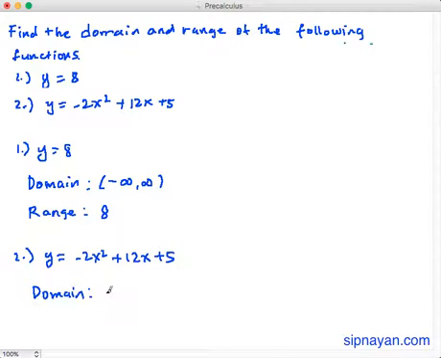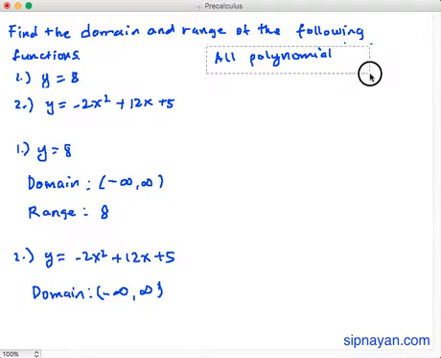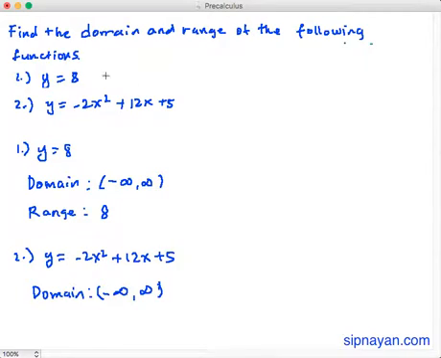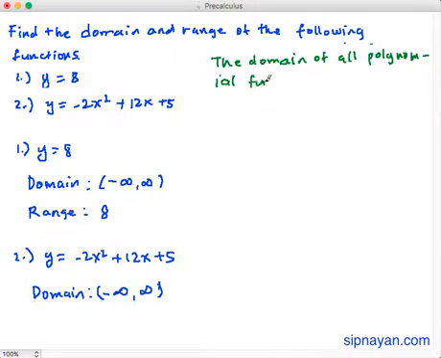Kung napapansin nyo sa mga previous videos natin, lahat ng polynomial functions, the domain of all polynomial functions is the set of real numbers.